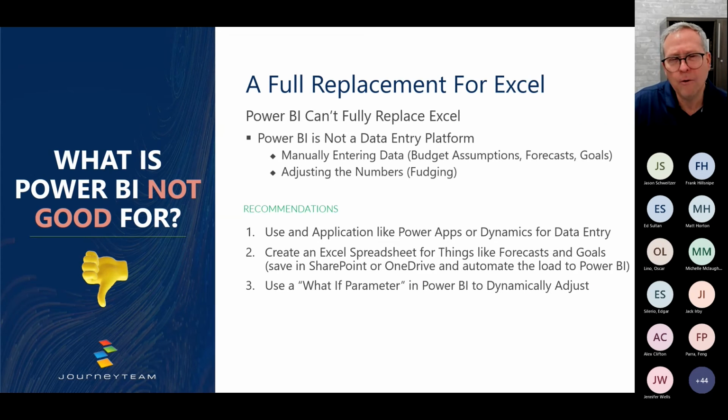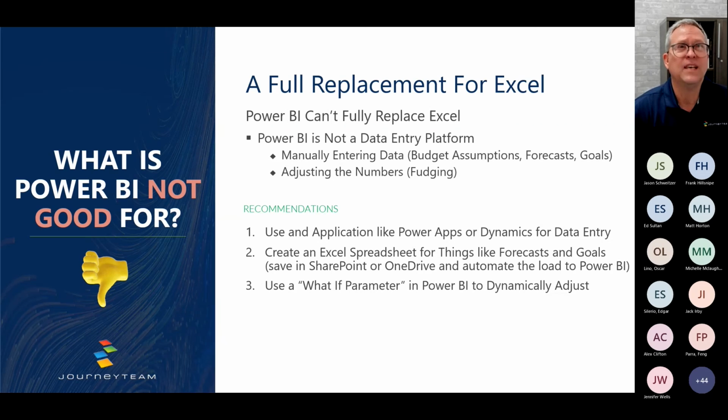Third, Power BI does have the ability to dynamically display adjustments to the visuals that are being displayed. And they have this concept called a what if parameter. What if parameters can be added to a model, and the range of those values and the grain of those values can be defined.